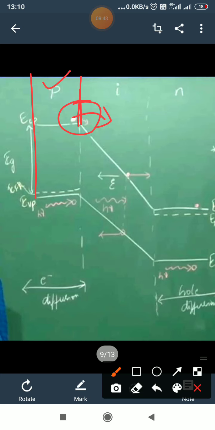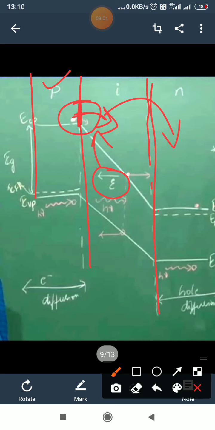When it exactly comes to the I region, that is the intrinsic material, that is the depletion region, the diffusion of electrons will take place. When it enters this region, what happens? Because the electric field is present here in the depletion region. So this is the electric field. Because of this electric field, the drifting of electrons will take place and it will come back to the N region.